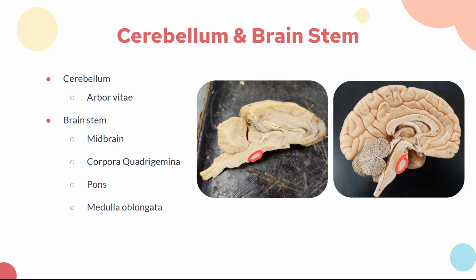That would be our pons. And then our medulla oblongata would be this section right here. This would be our medulla oblongata on both of these brains, as you can see. So that is what makes up our cerebellum and brainstem.